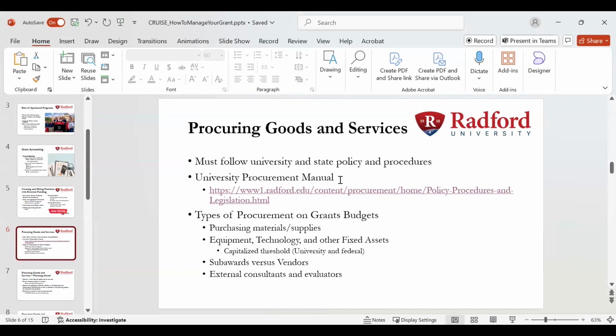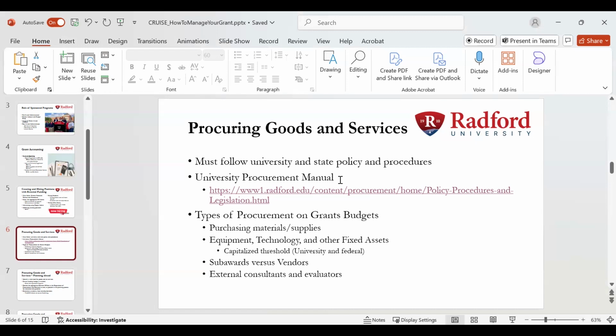Picking on National Science Foundation again, if you have an NSF grant and you buy equipment, whether it's computers, a laptop, or some sort of high-end instrumentation, the title is automatically transferred to the institution upon acquisition. What the government expects is for that equipment to be used on the project. Once the project's over, they'll allow Radford to keep the equipment, knowing that we're going to use it on future research or other research.